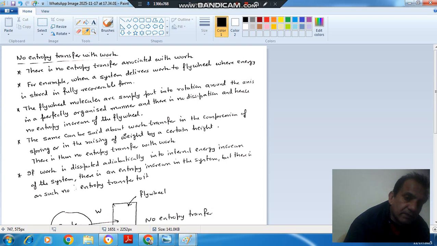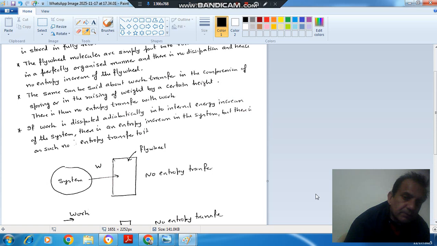The same can be said about the work transfer in compression of springs or in raising a weight by a certain height. There is no entropy transfer with work. If the work is dissipated adiabatically into internal energy increase of the system, there is an entropy increase in the system, but there is no entropy transfer to it.